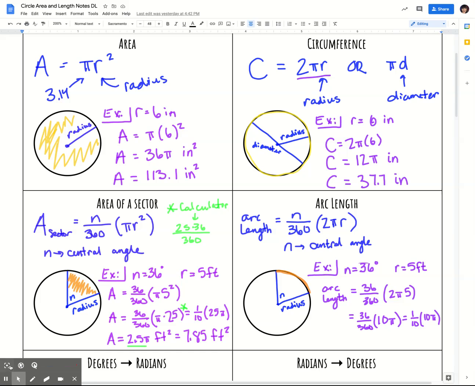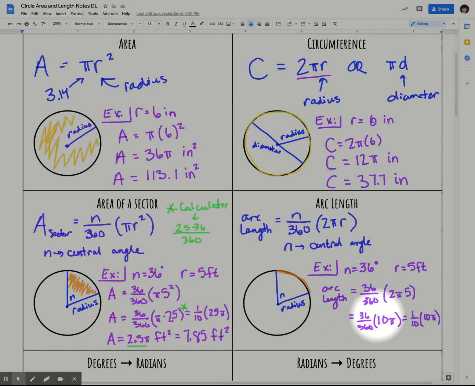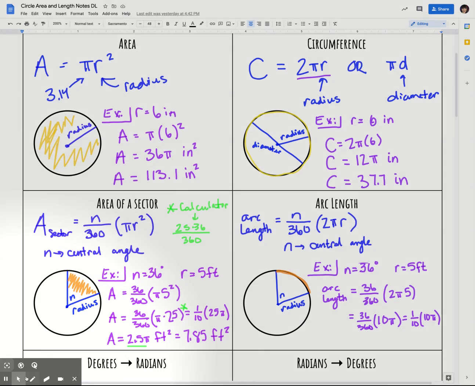You can do 36 times 10 divided by 360. It's going to get you this exact same answer, right? Either way. So here, 1/10 times 10 is just 1, right?